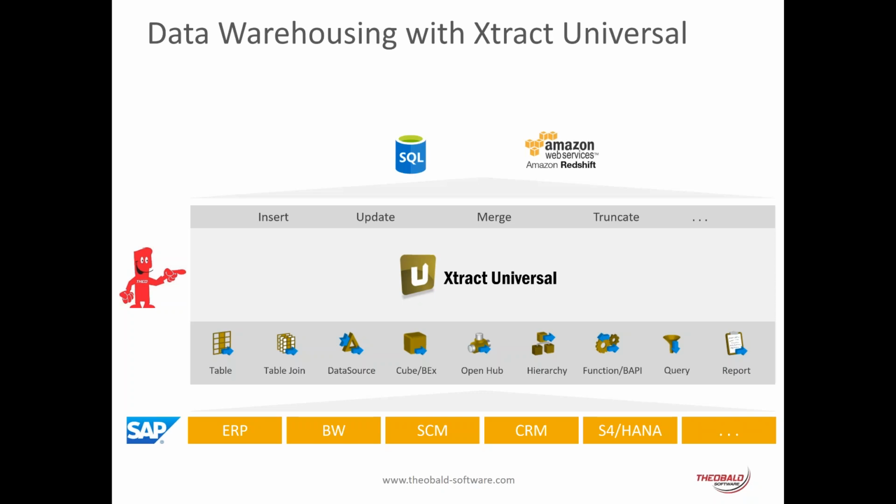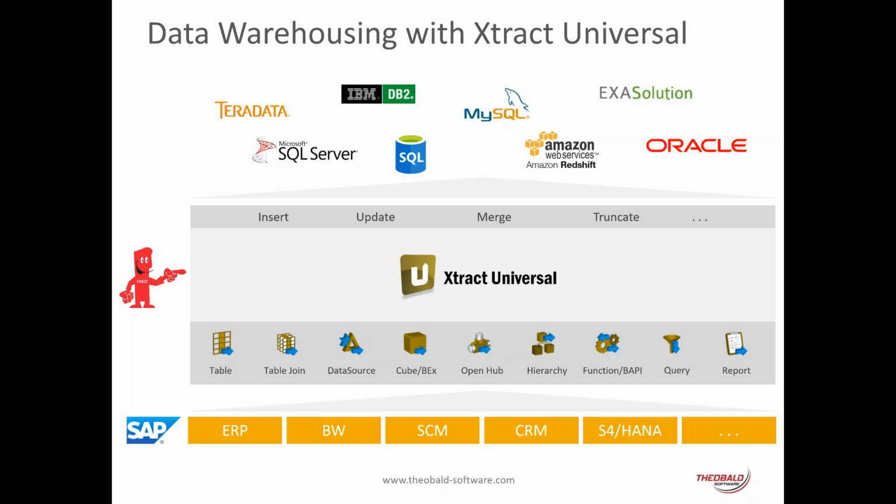And then what we're talking about here today is primarily two cloud environments. The most popular ones we've seen with our customers are Microsoft's Azure, a SQL Azure data warehouse and Azure databases, as well as Amazon, the Amazon Redshift environment. But Xtract Universal supports other non-cloud environments, and even though this is not what we're talking about in this webcast, I do want to mention it.